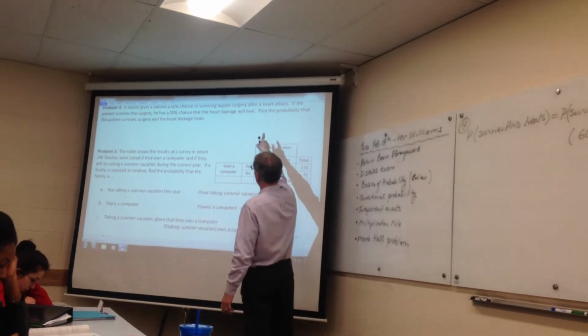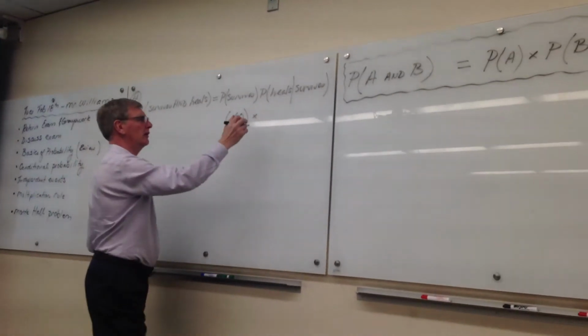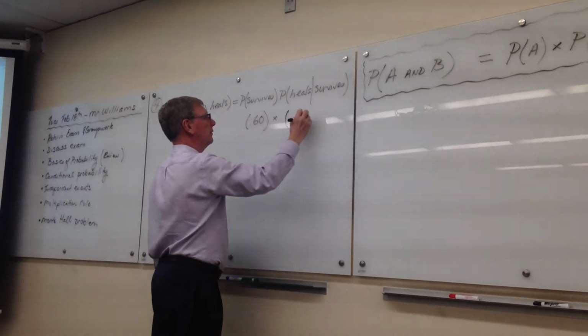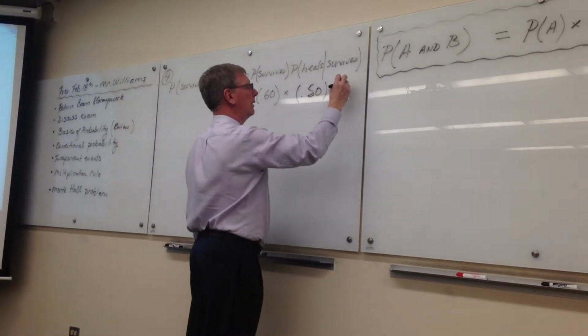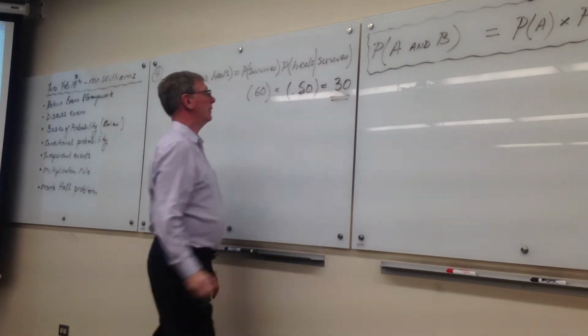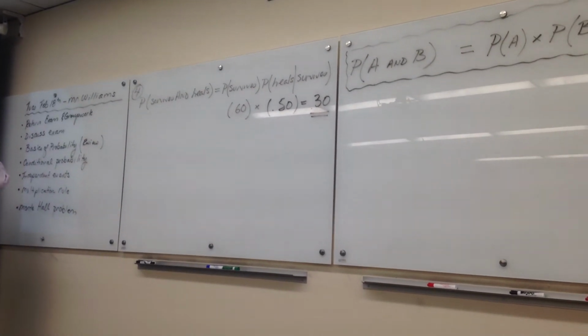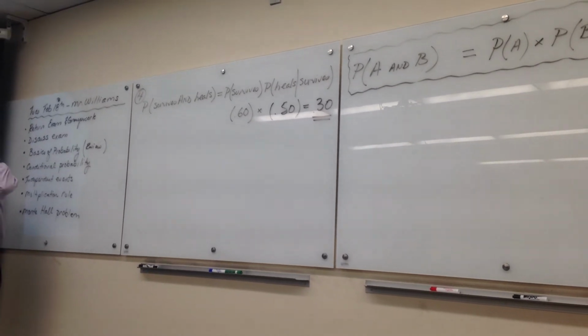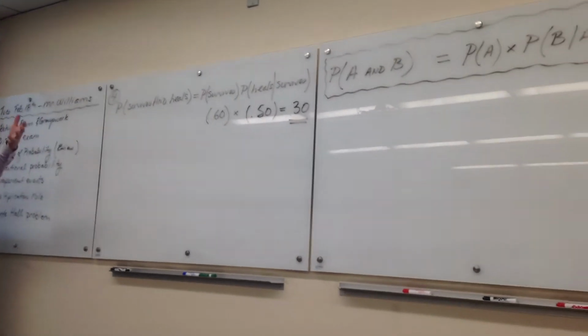This is a conditional probability. 50% of the heart damage will heal. So this is 50%, and that multiplication yields 30%, right? That's not wildly reassuring, actually, but nonetheless, okay.